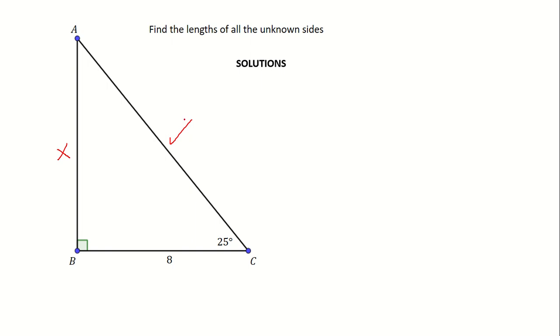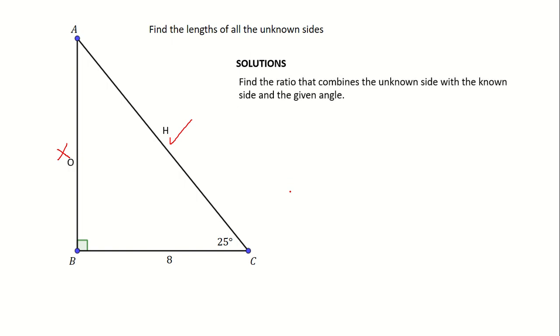But if you try to find the hypotenuse, you have to find the ratio that has the hypotenuse and the adjacent, since we are given a side adjacent to the angle, which is 25 degrees. Okay, now in this case we have the hypotenuse or the opposite. It's your choice. In this case, I will be looking for my opposite.